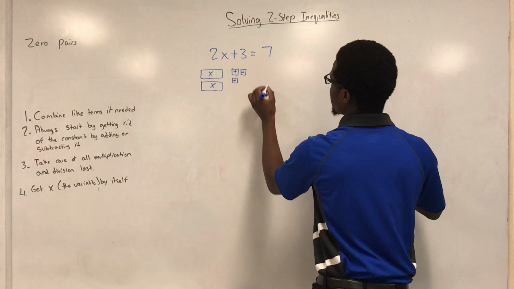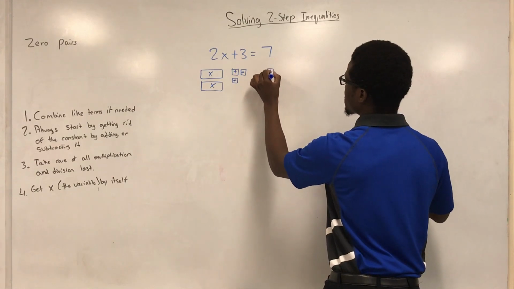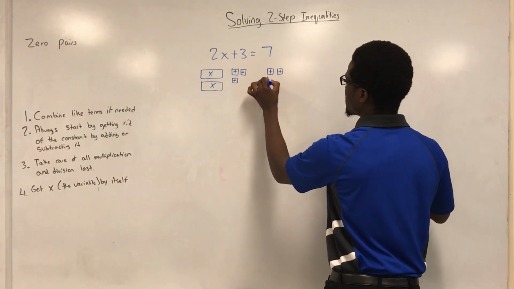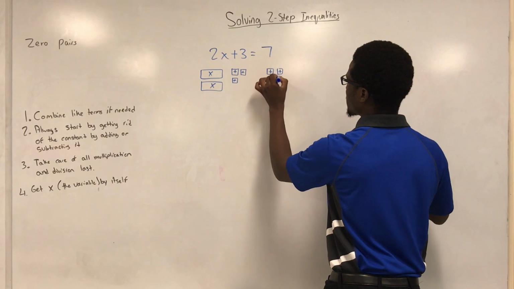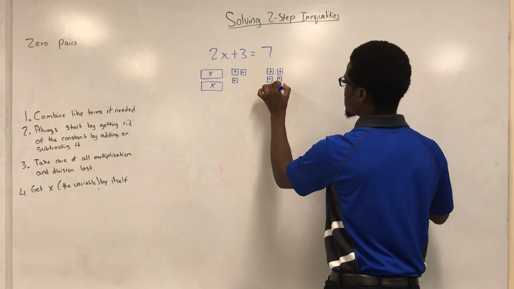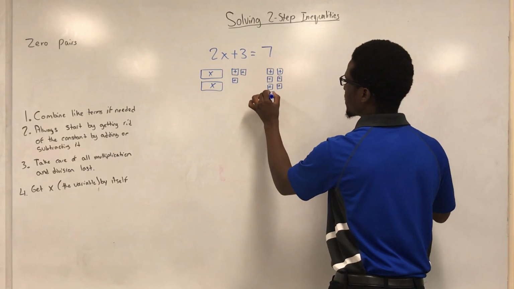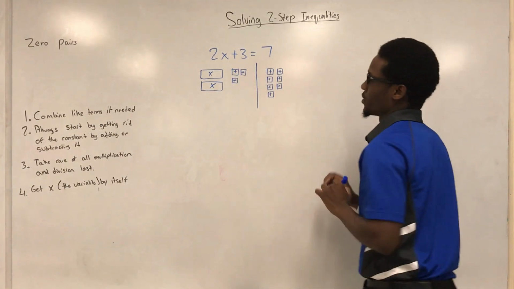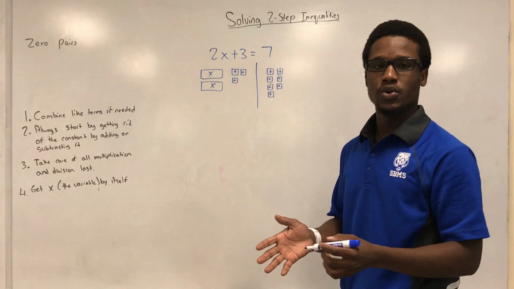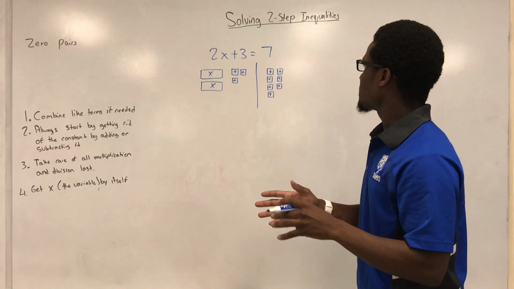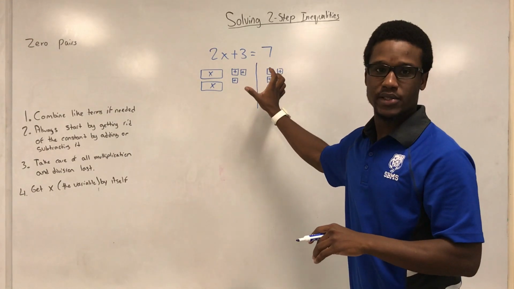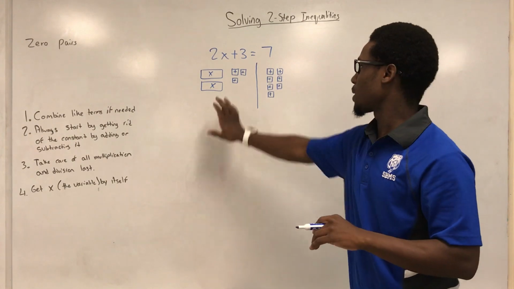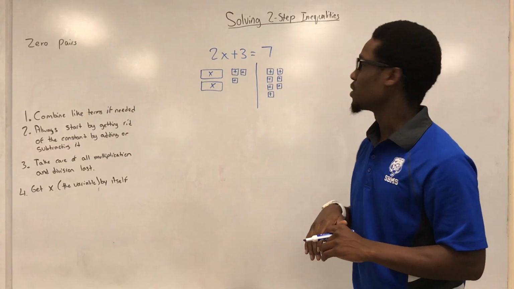Now we have 7 over here, so that's going to be +1, +2, 3, 4, 5, 6, and 7, okay? So, these sides are equal to each other. What I want to do is try to get some zero pairs to cancel each other out so I can get the x's all by themselves, okay?